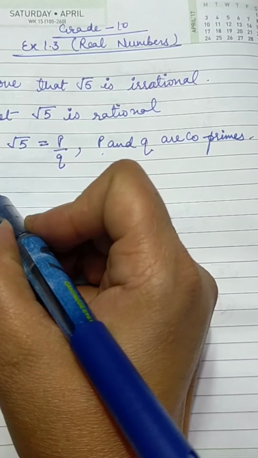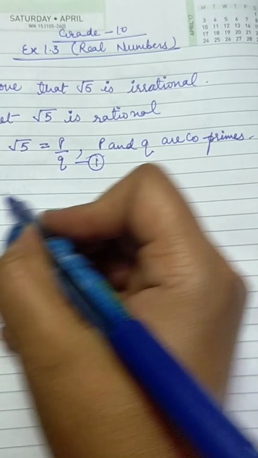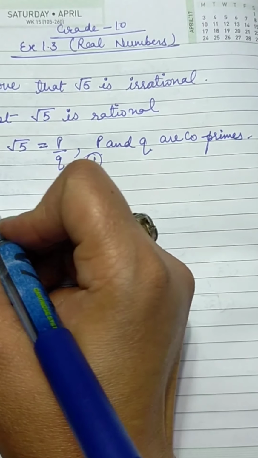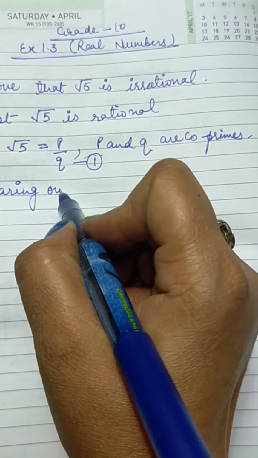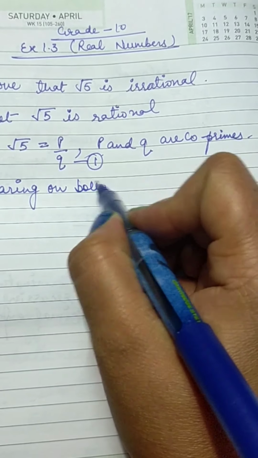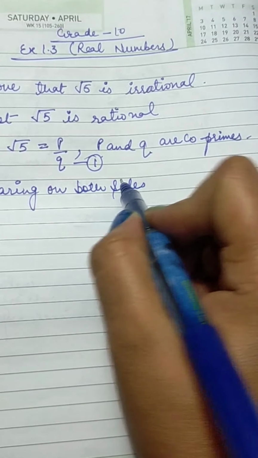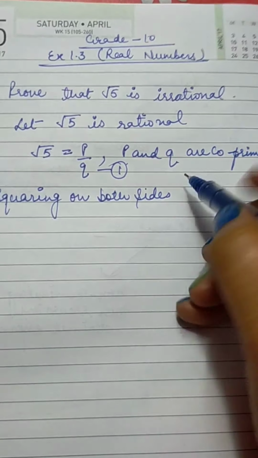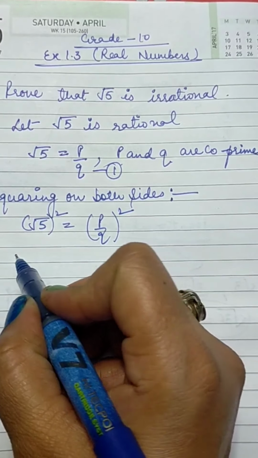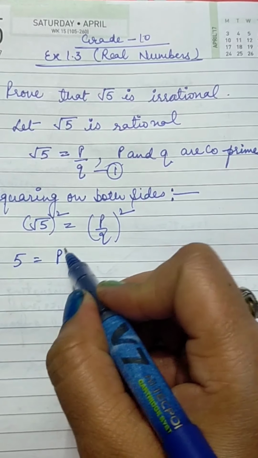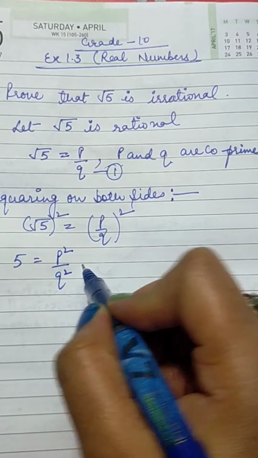For that, first of all, let's square it, squaring on both sides. So square root 5 squared equals p over q squared, it becomes 5 equals p square over q square.